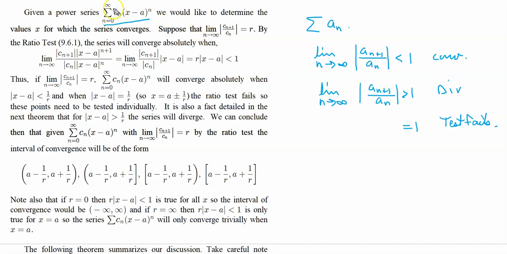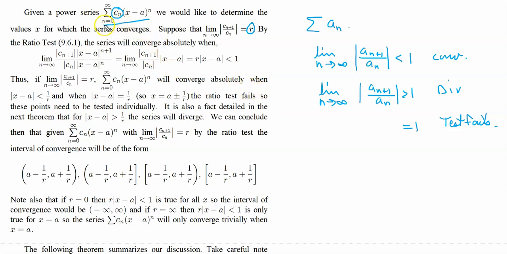Let's first of all consider the limit of these terms, the c_n terms. Well, in particular, let's consider the limit as n goes to infinity of c_(n+1) divided by c_n. Just suppose for the time being that that is the number r. Okay, suppose that's equal to r.